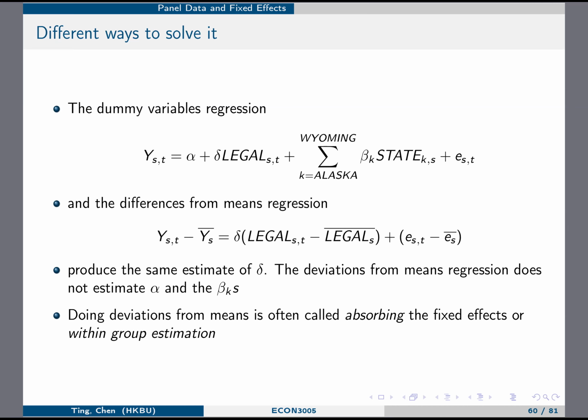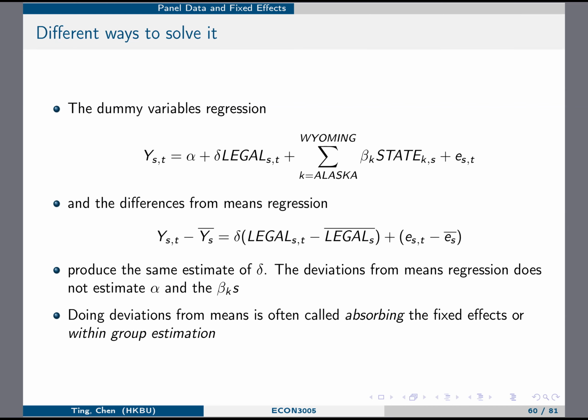If our dataset's time dimension and cross-section dimension expand, we can have a lot of betas in our regression. First of all, the computer will need to produce a very long list of these alpha and beta estimates for us, which we don't need. What we still care about is only the delta.